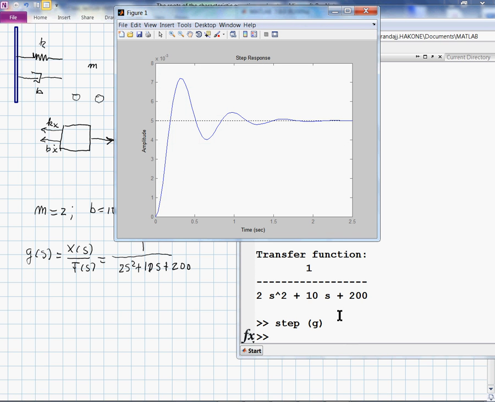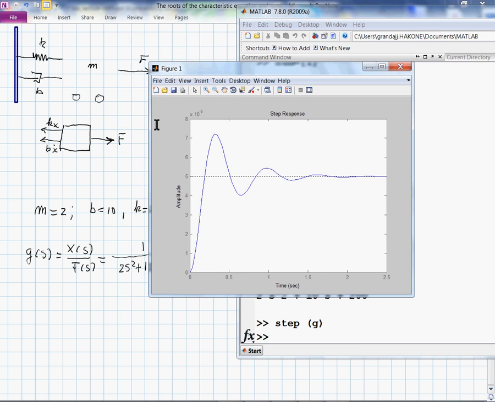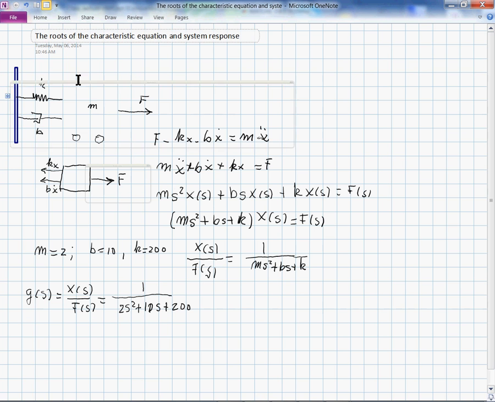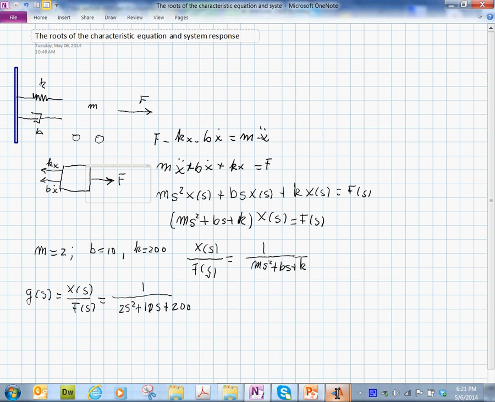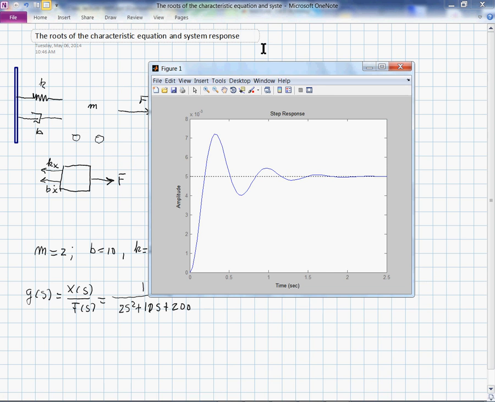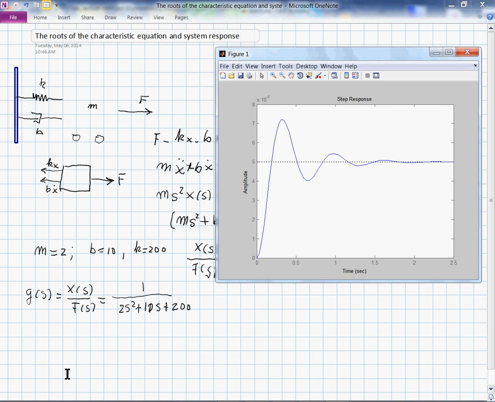Now, we would like to find the roots of the characteristic equation and how the system responds, keeping in mind it's like this with the values we gave it.